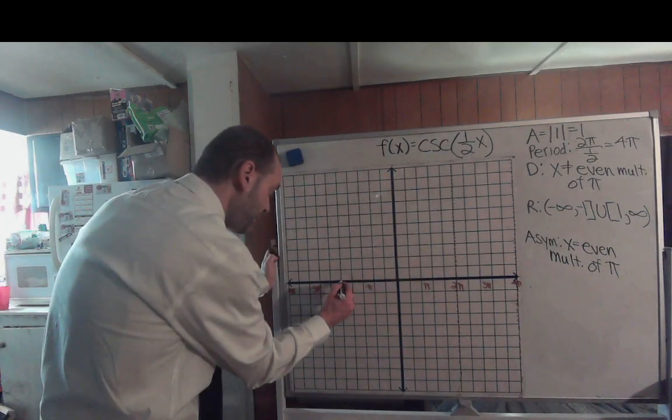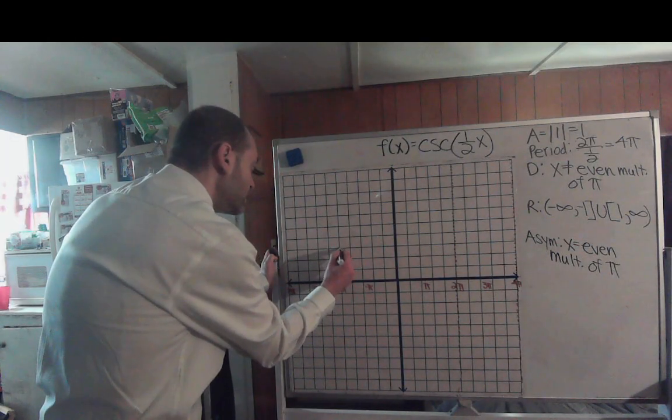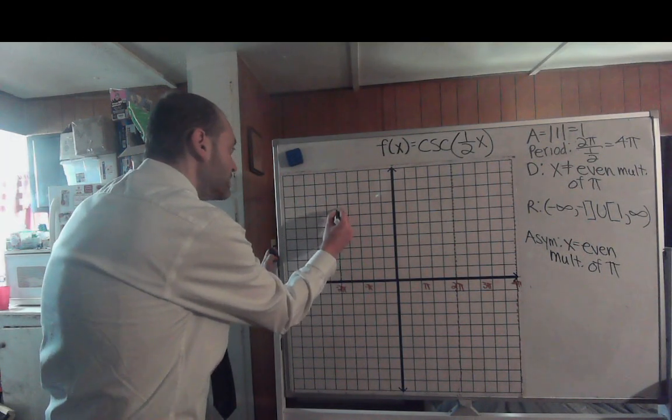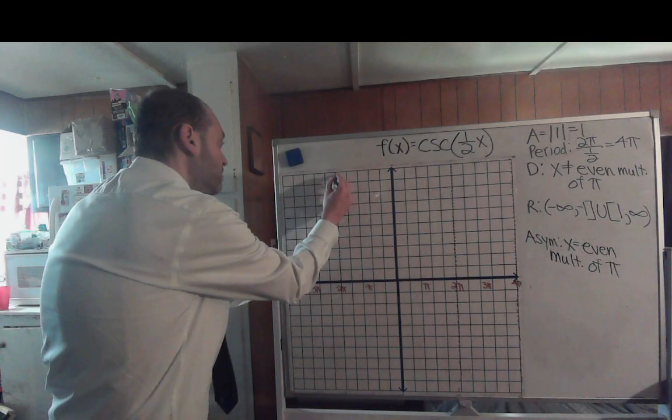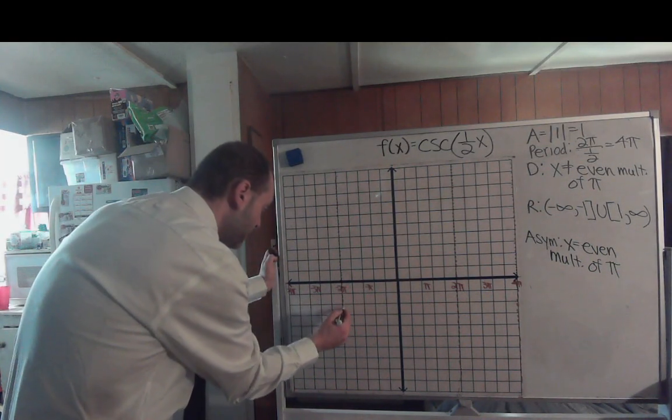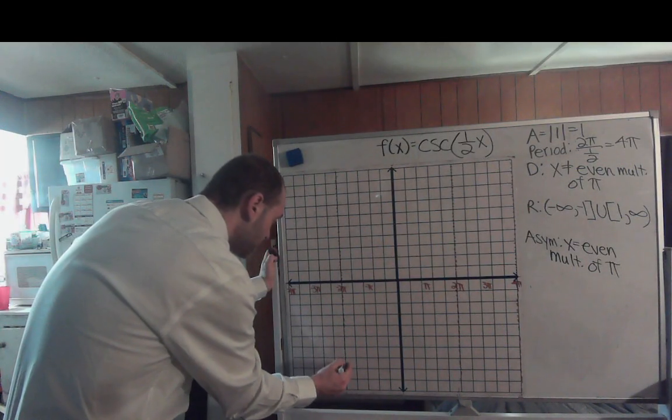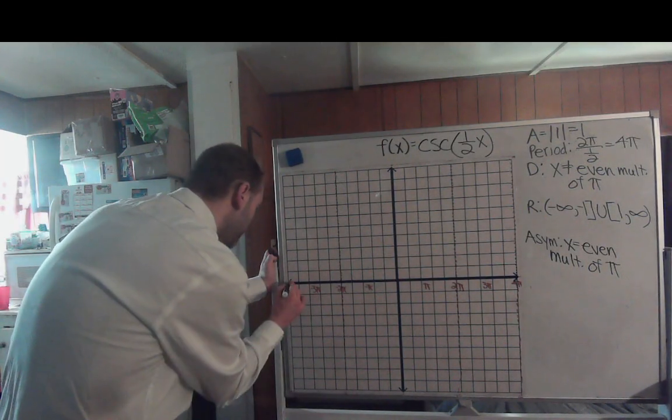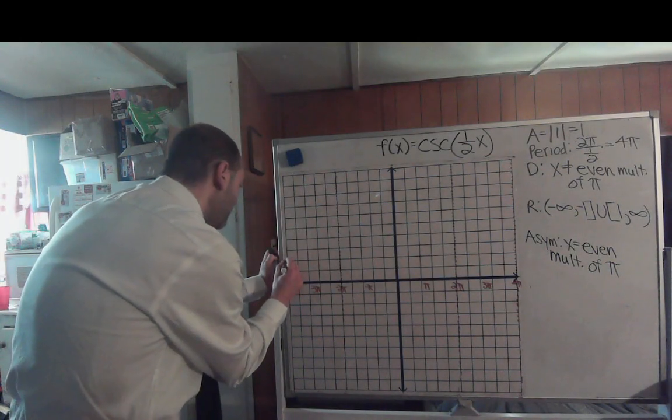So as you see, it's just going to be at even multiples of pi. So 0 is already 1. Now the next one's negative 2 pi. And then we got negative 4 pi.